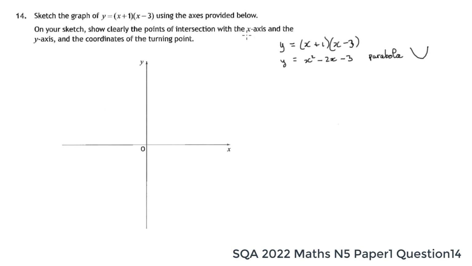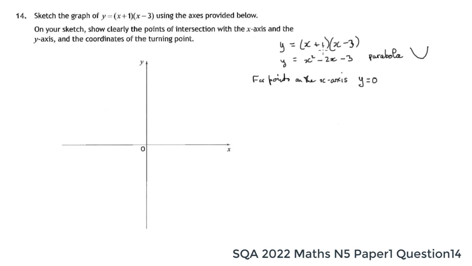So let's tackle the x-axis, followed by the y-axis, and then the turning point. So for points on the x-axis, what do we know about every point on the x-axis? It has a height of 0. The y-coordinate is 0.